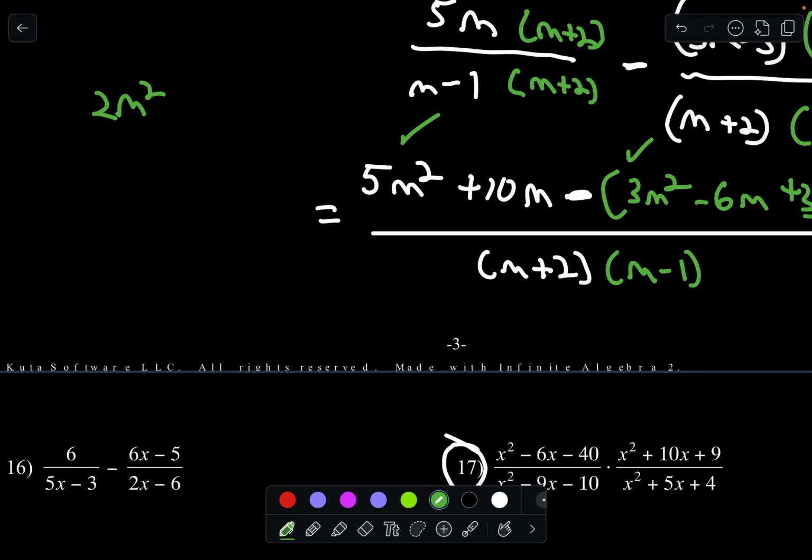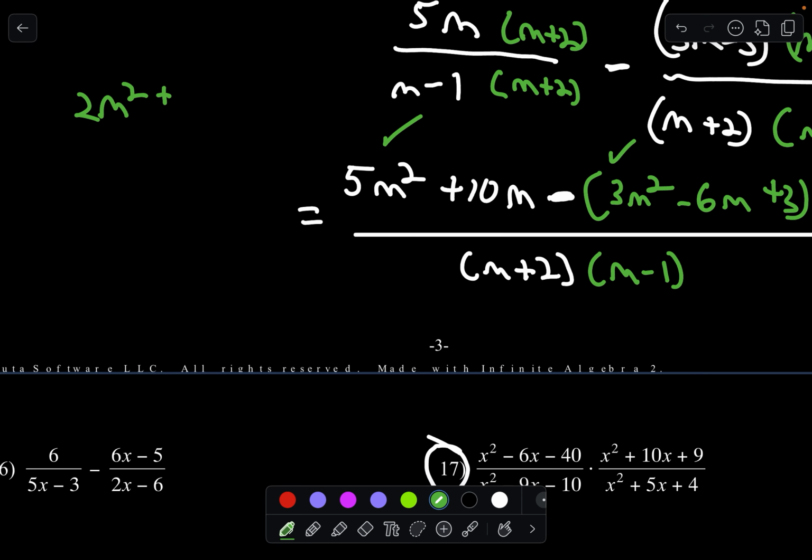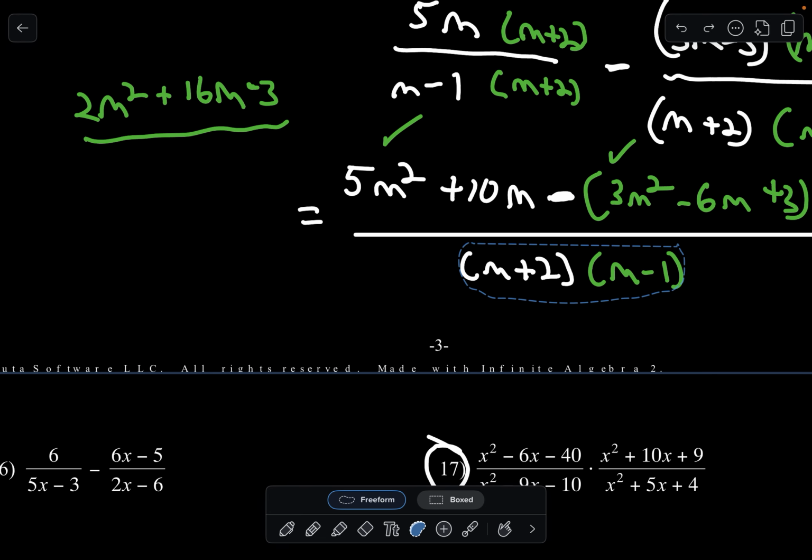I took care of those two. 10m minus a negative 6m, 10m plus 6m is plus 16m. And 0 minus 3 is negative 3, all over the LCD, m plus 2, m minus 1.